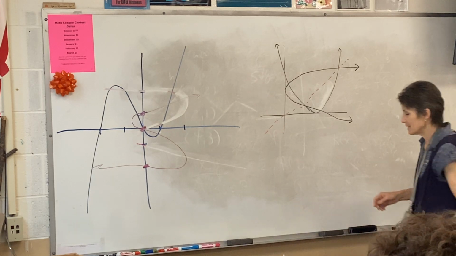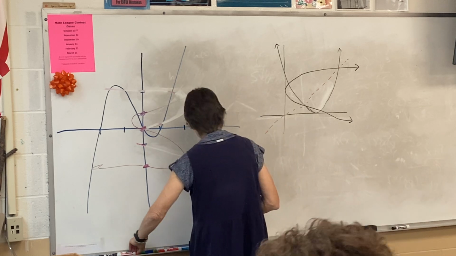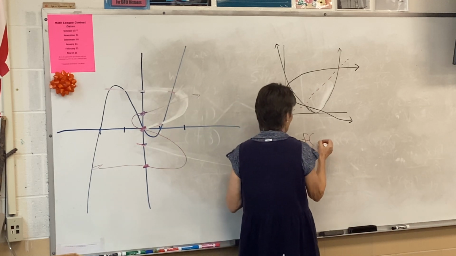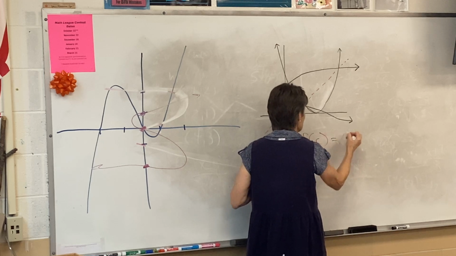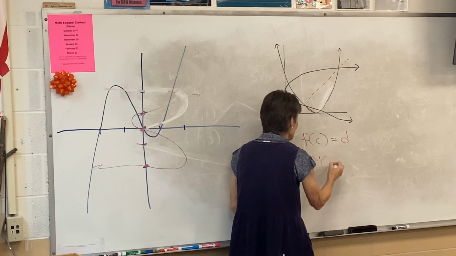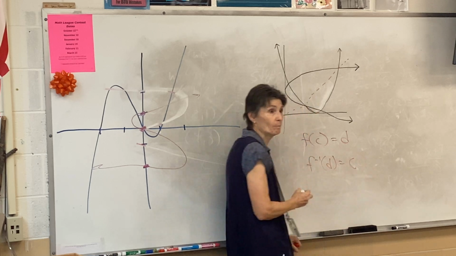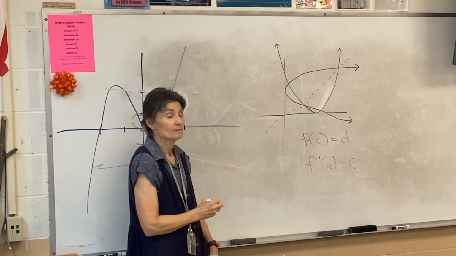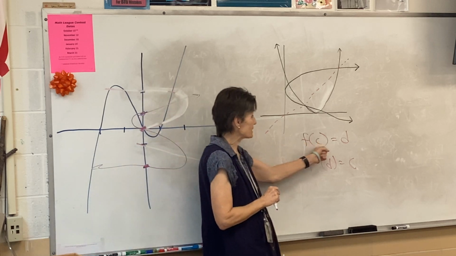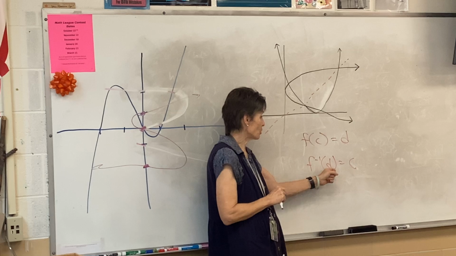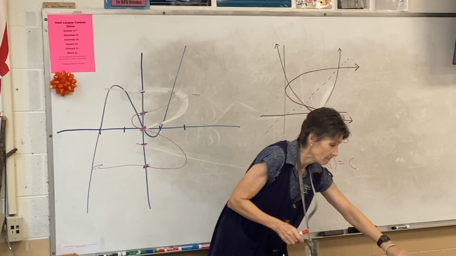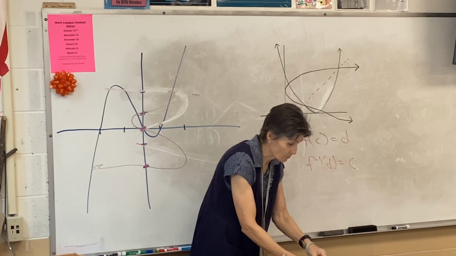If f of c is d, then f inverse of d will be c. The ordered pair c comma d becomes the ordered pair d comma c. That's what it means to be an inverse.